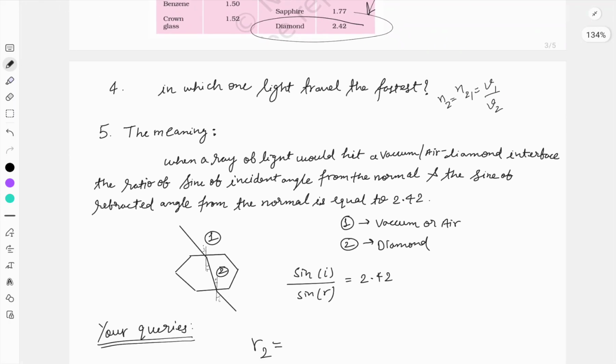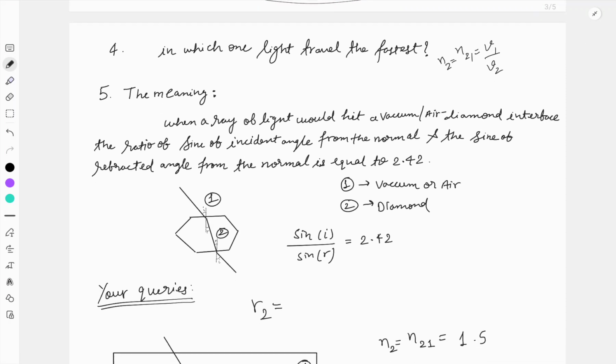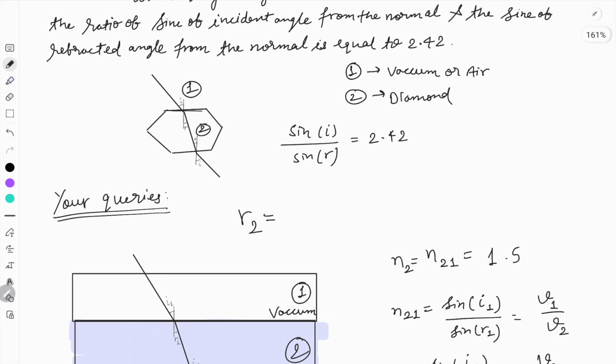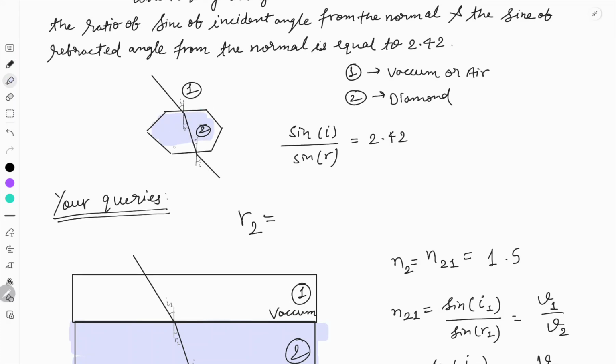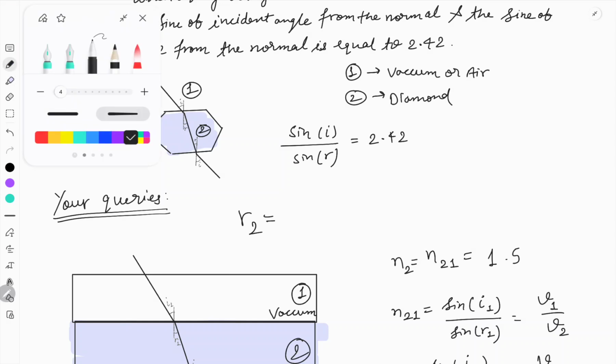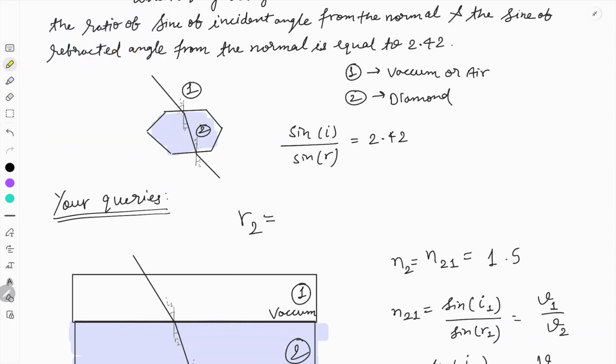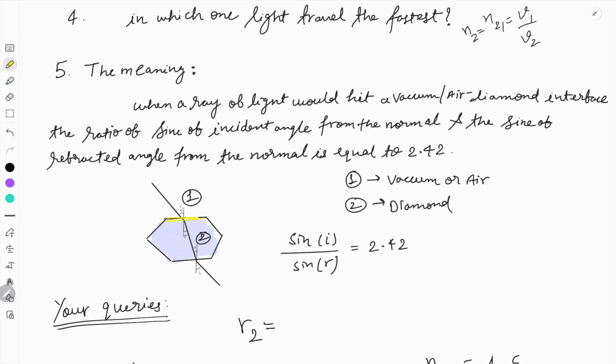Now the last question: what is the meaning of the statement that the refractive index of diamond is 2.42? The meaning of this statement is, when a ray of light hits a vacuum or air and diamond interface. What is a vacuum-diamond interface? Let's say this drawing is diamond, and this would be the interface.